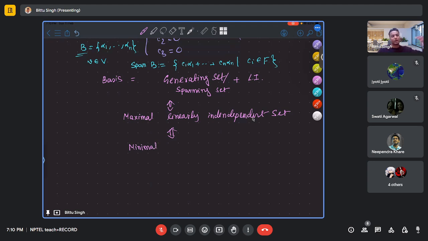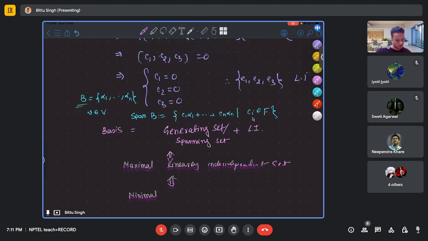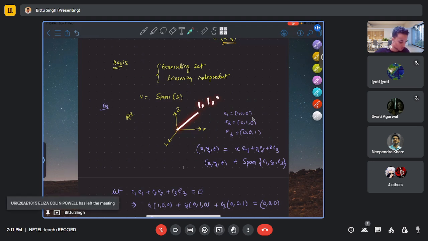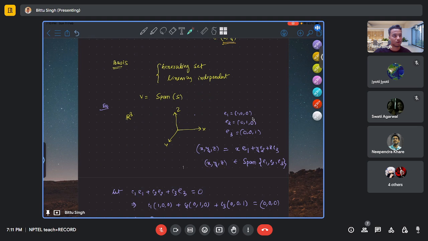We are not taking every generator. For example, for this R3, you can take every vector, not only e1, e2, e3. You can take more vectors. For example, you can include (1,1,0). But those will not be linearly independent. We need to take a minimal spanning set.